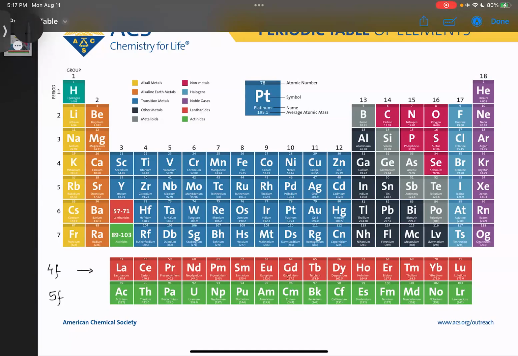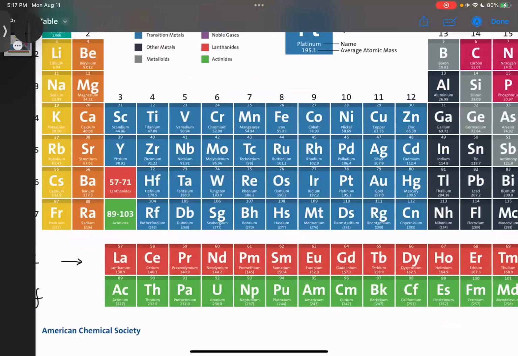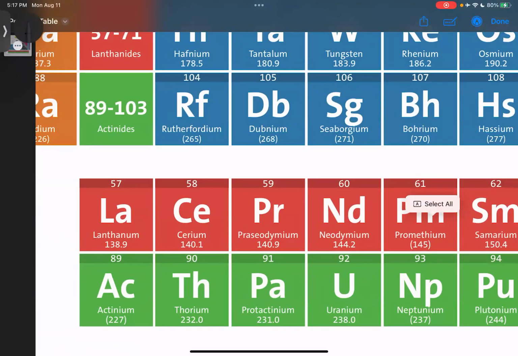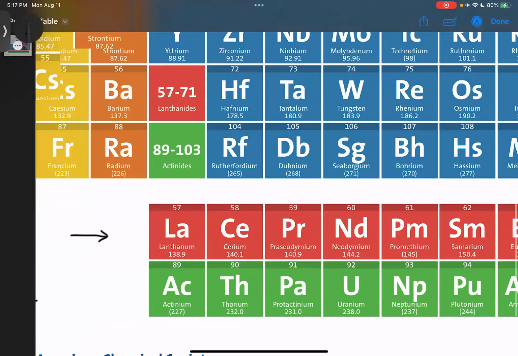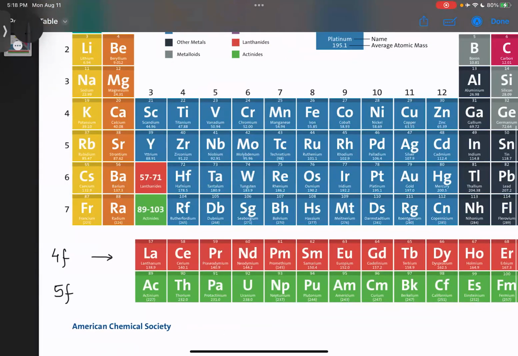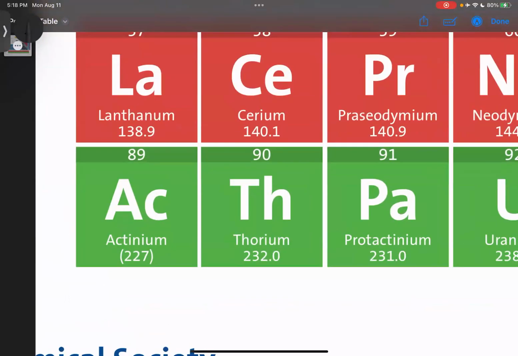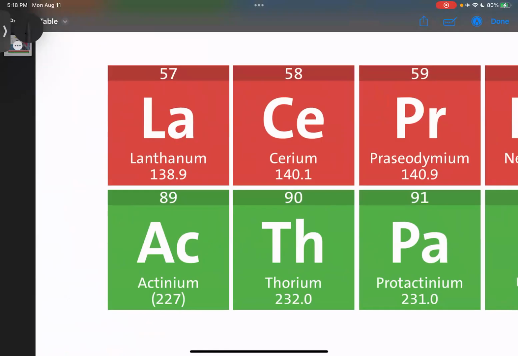So all these elements after La, lanthanum, are called lanthanoids, and 5F elements are called actinoids, after the name of the first element. Can you see the lanthanum and actinium? Yes, sir. Got it?